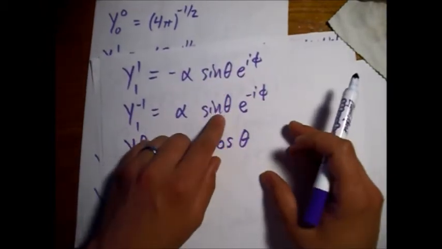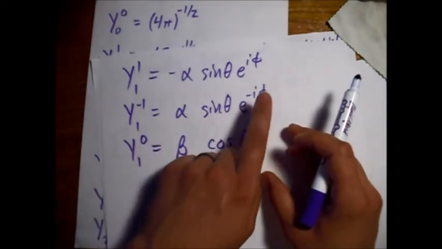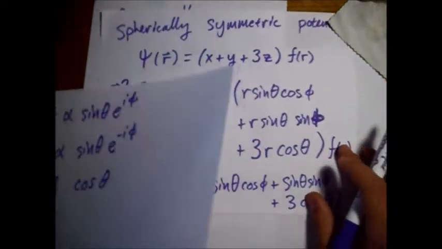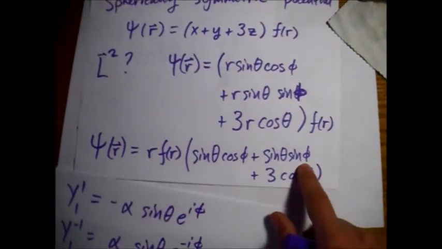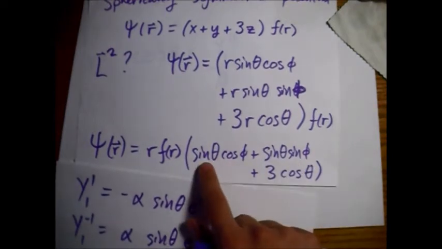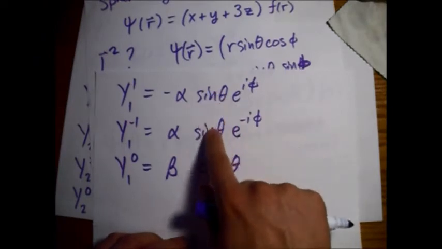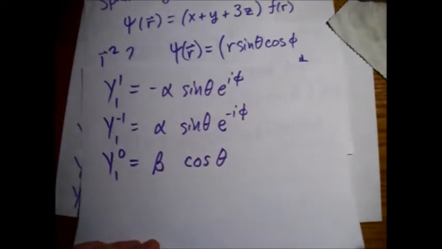We want to get sine theta out on its own, and also we want to make a sine and a cosine of phi, because here we have a cosine phi, and here we have a sine phi. But notice that they're both multiplied by sine theta, and we have that factor right in here. So maybe we can keep this here.